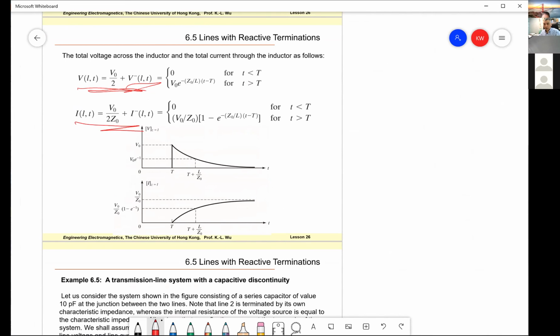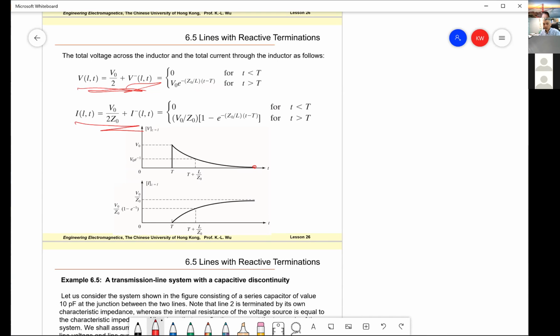It is very clear from the curve because we launch a step function, right? After a long time, the step function becomes DC. To DC, an inductance is just a short circuit. So the voltage across the inductor, a short circuit, approaches zero.